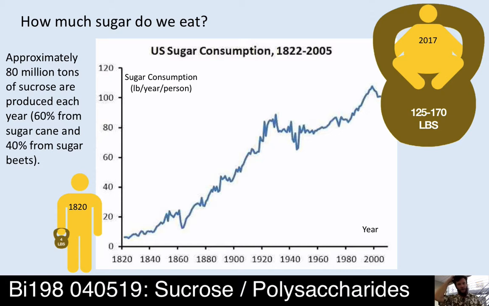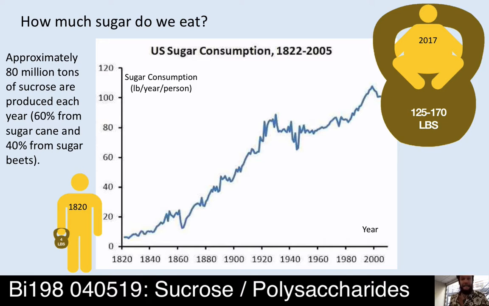Okay. So, again, I'm skipping this whole interesting story in the 70s about sugar subsidies and all that. Maybe I'll tell it later. But just to show this picture, how much sugar do we actually eat?